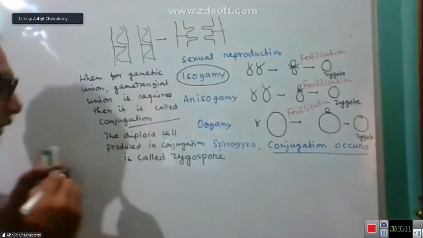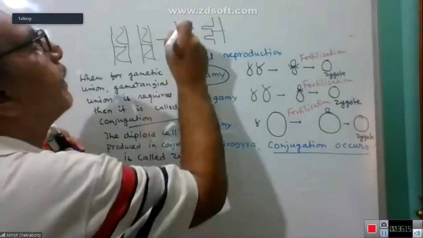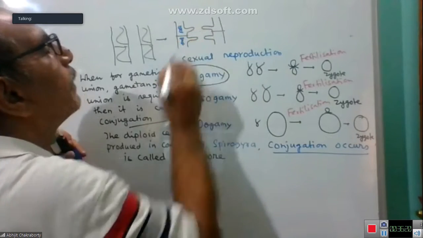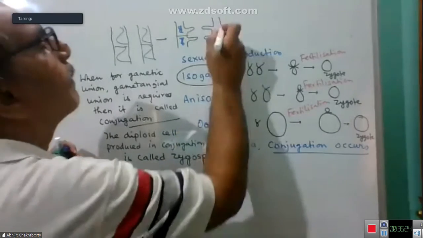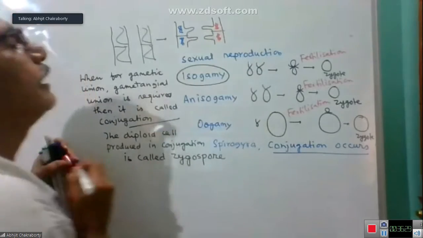Outgrowths are developed. In the meantime, gametes are formed. Here are gametes.